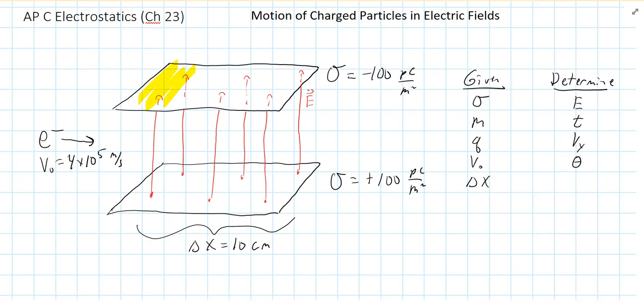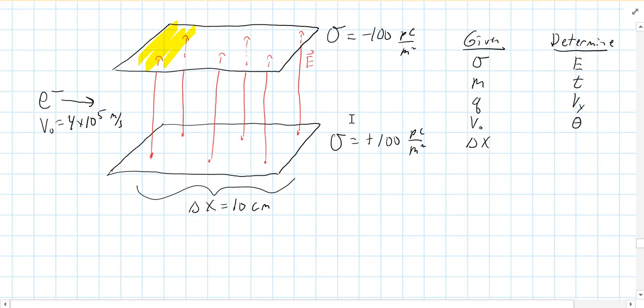How strong is that? Hopefully you would recall, and this is one that I would memorize, for a single plane of charge, E for a plane is sigma over 2 epsilon naught. Epsilon naught's a constant, which we'll write down when we do our numbers. That is the electric field of one plane.